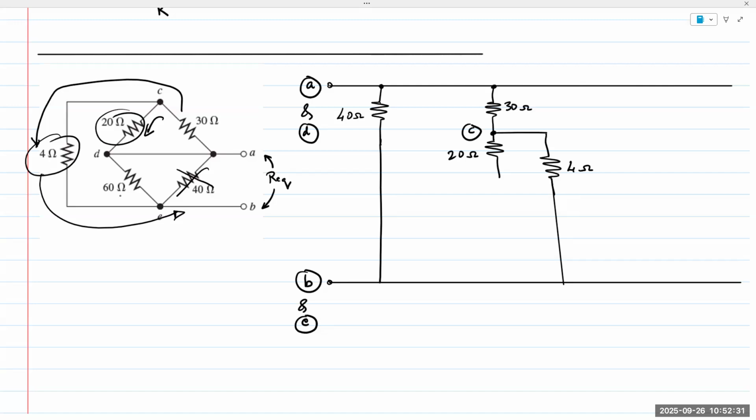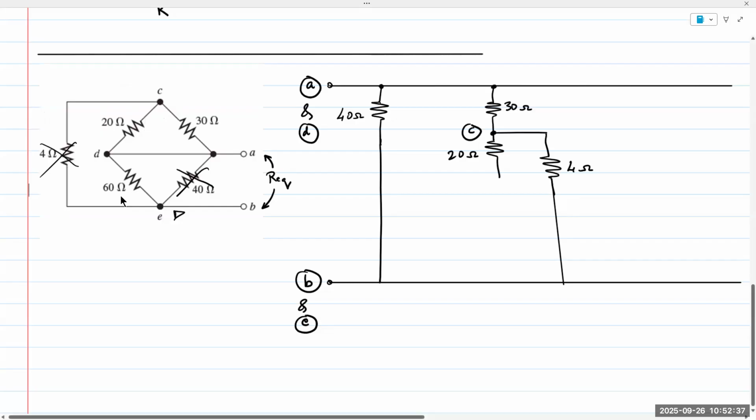I'm done with the 4 ohm resistor, so I'm going to cancel that out. Not yet done with the 20 ohm. What is connected at the other end of the 20 ohm resistor? Or where is it connected? A. Absolutely. It's connected to A. So I'm going to draw a line here.